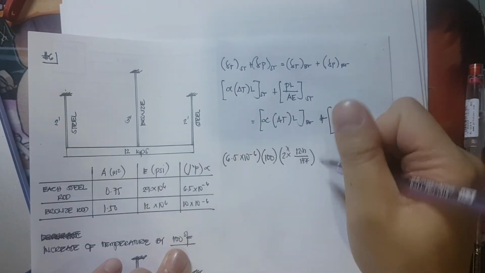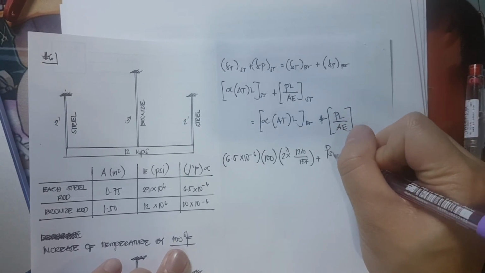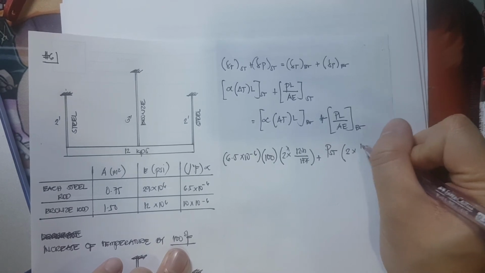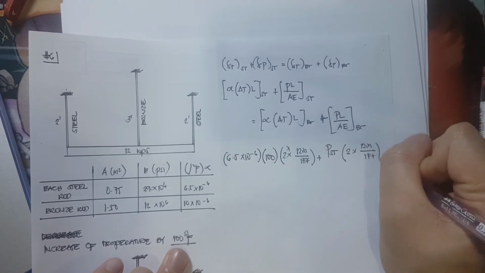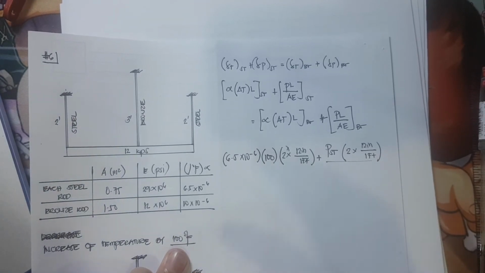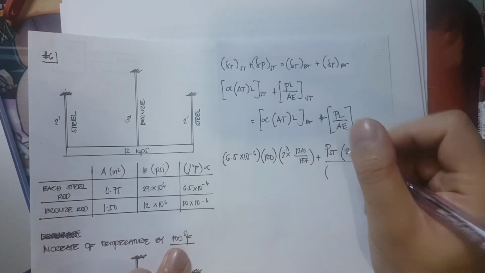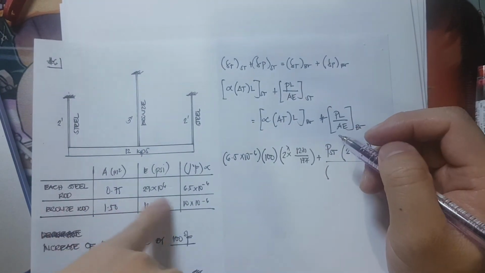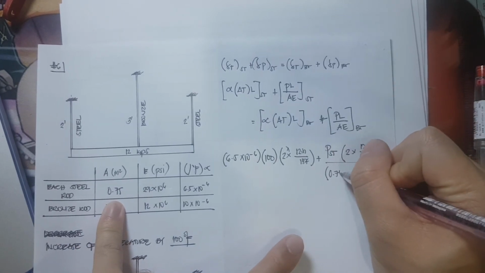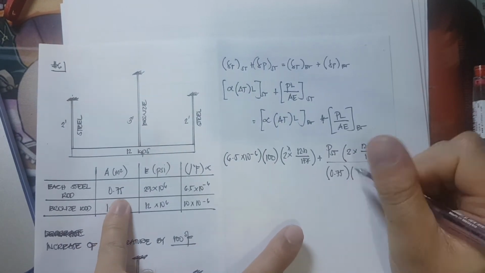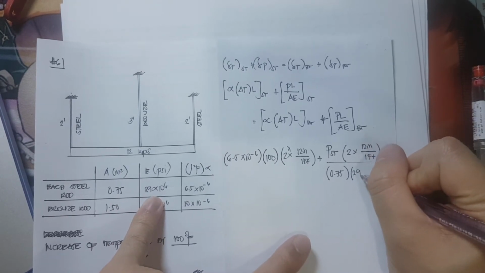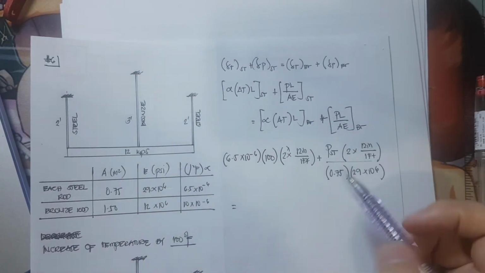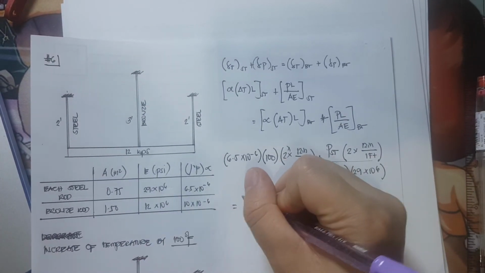Plus P of steel times the length of 2 feet times 12 inches per foot, divided by the area, and the area for steel is equivalent to 0.75, times the modulus of elasticity, 29 times 10 raised to 6.